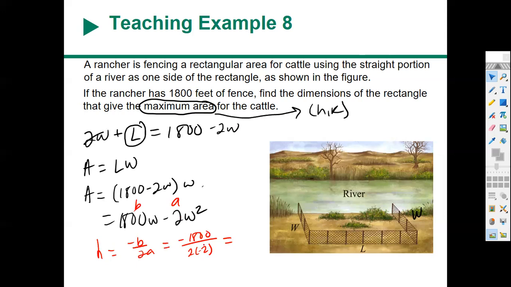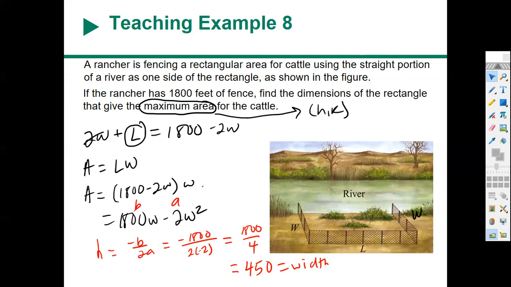Okay, so what's 1,800 divided by 4? What's half of 1,800? What's half of 900? 450. So we know that our width has to be what? 450. Does that make sense?